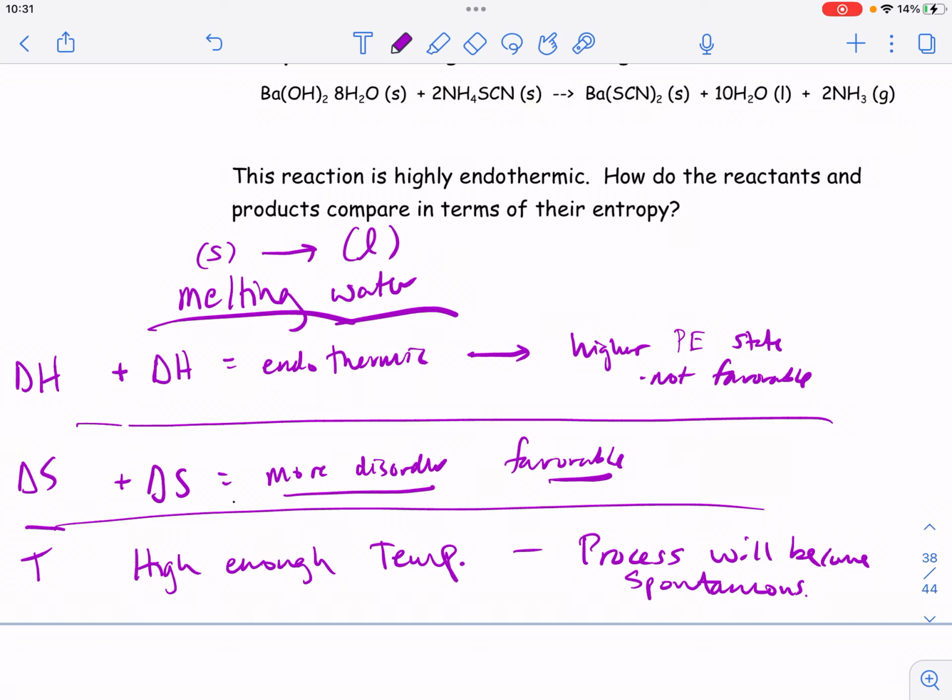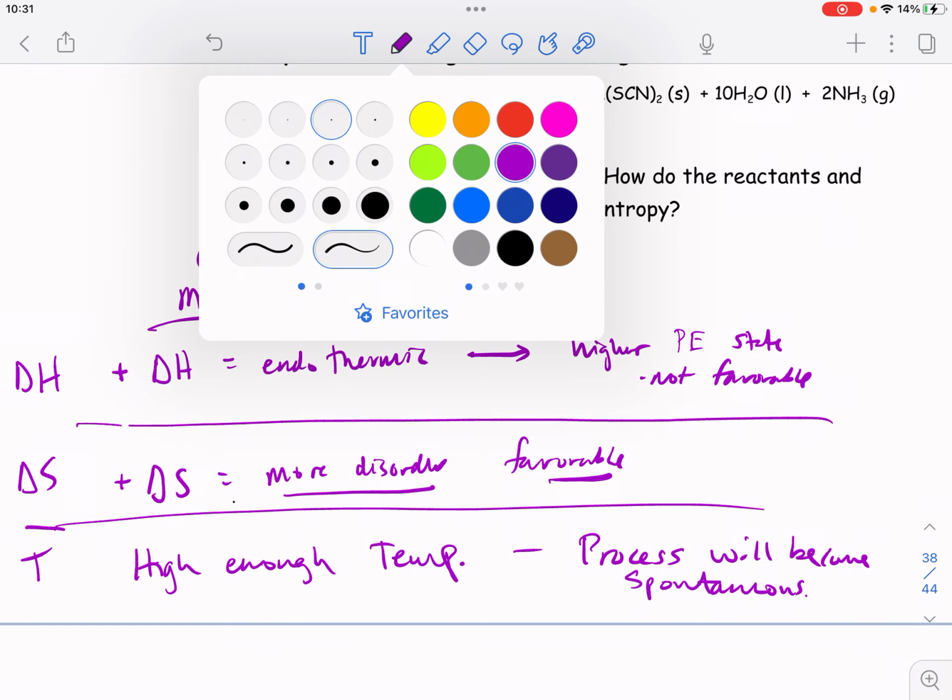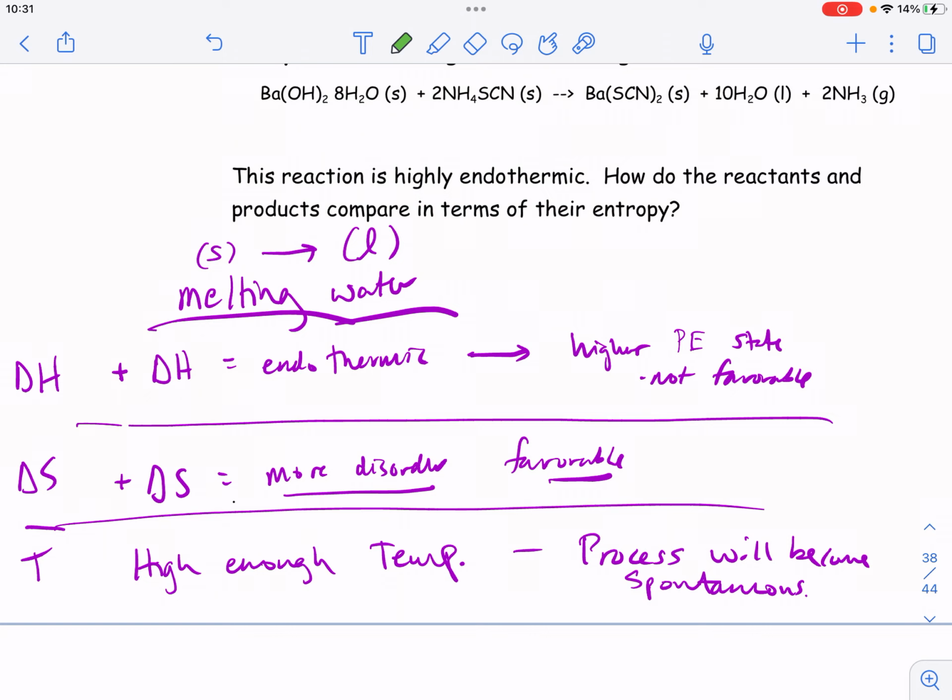We could then also do this in reverse. We could talk about the freezing of water. And the freezing of water would be, if I do it in a different color, freezing. So everything will flip, and we'd have a negative delta H, so exothermic. The water molecules get rid of heat energy to their surroundings. So we're going to a lower potential energy state.